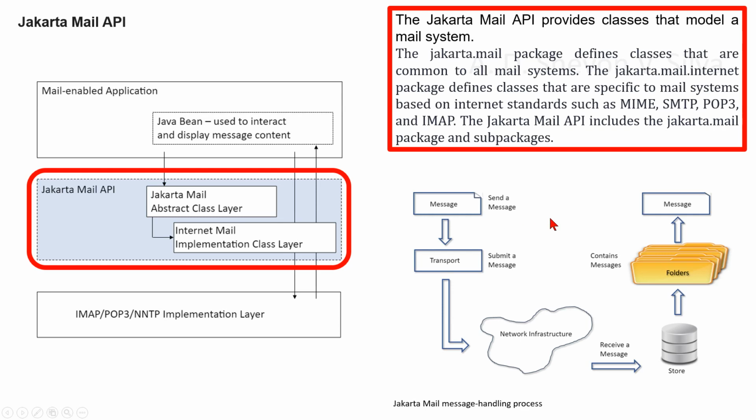It uses JAF defined data handler object to contain data placed in the message. Create session object which authenticates the user and controls access to the message store and transport. Send the message to its recipient list. Retrieve a message from message store.